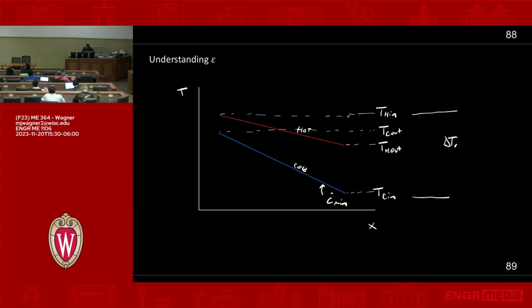This is delta T max. So what's the delta T that corresponds with the minimum capacitance rate? Well, that's going to be the delta T associated with the C dot min, and in this case that is the cold side. So it would be this one here. So this is delta T for C dot min.